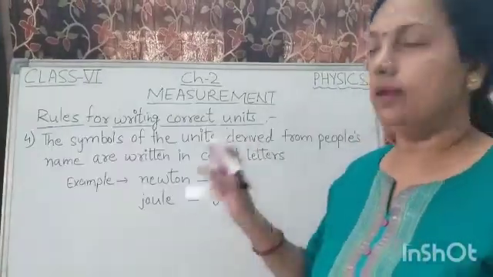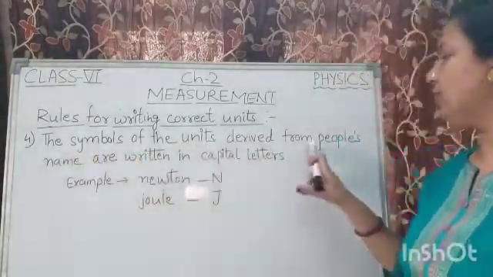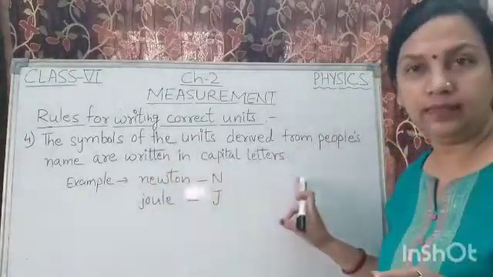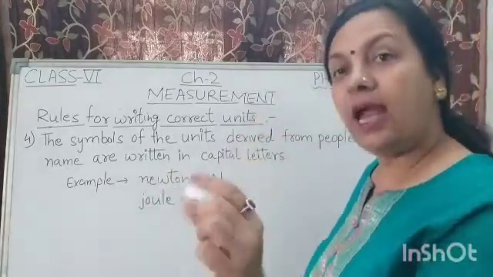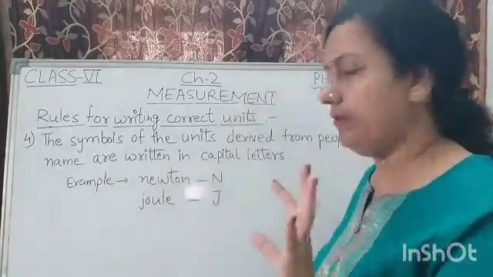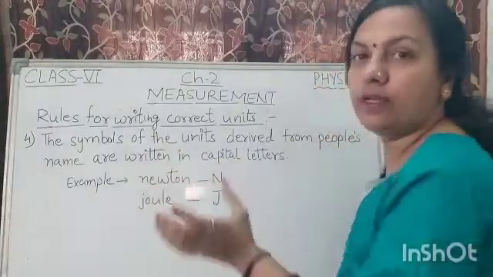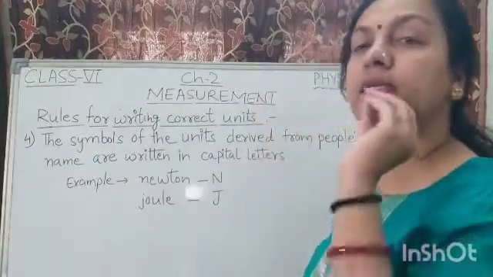Now children, our next rule is, the symbols of the units derived from people's names are written in capital letters. Children, don't get confused. Units and the symbols of the units are different. This is the name of the unit and this is the symbol. For example, meter is the name of the unit and m is its symbol.